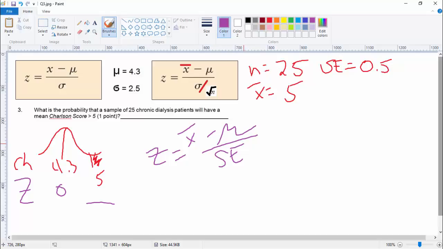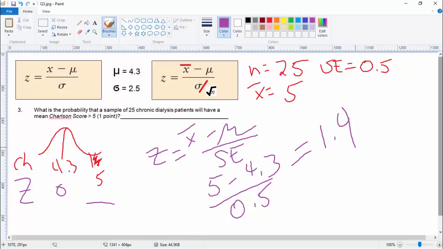Make our lives easier. And then when we fill it in, it's a little clearer. So we're going to do 5 minus 4.3 divided by our SE up here, and that's 0.5. And what do we get now? Of course, we're looking at z, and we're getting 1.4.